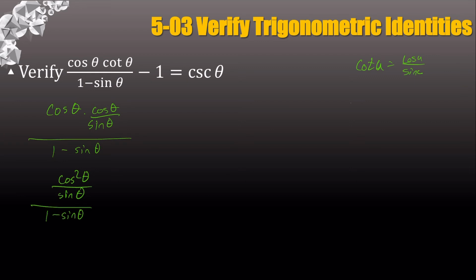And then, I don't know, what could we do? Let's change the cosine to a sine. I know that sine squared plus cosine squared is 1, so cosine squared is 1 minus sine squared.